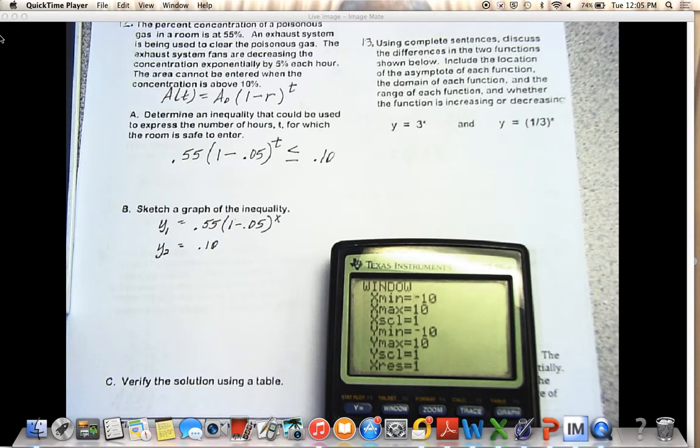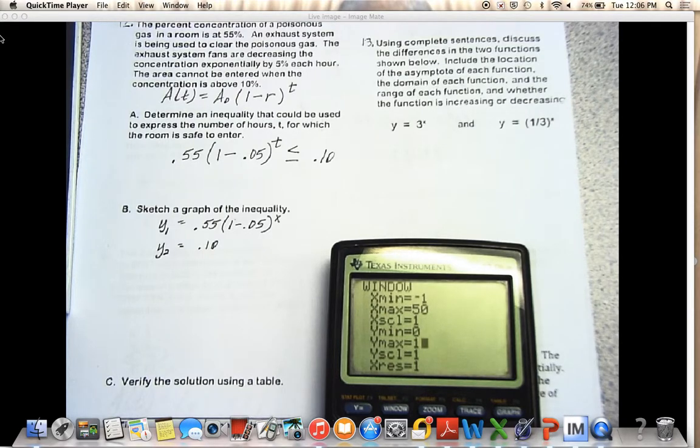That's a good question. On our window, let's change the x minimum to -1, just so you can see where the axis is. The maximum I'm going to change to 50. The y minimum, I'm going to go 0. The maximum, I'm going to have at 1.